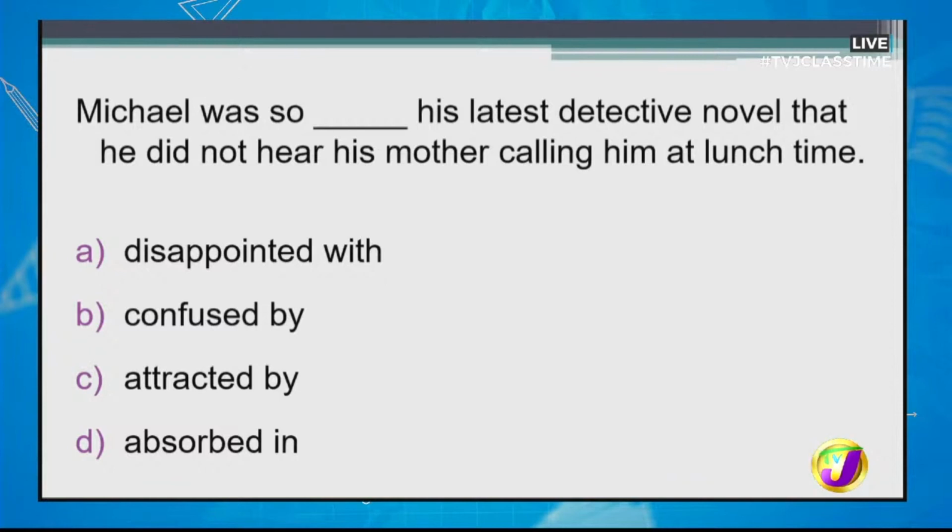Which one of those would mean that he didn't hear her calling him? Ready? Of course, it has to be that he was so absorbed in the novel. And those of you who like to read know this feeling. You're gone in a different world entirely, so you're not even hearing when the food time comes. All right, our next sentence.